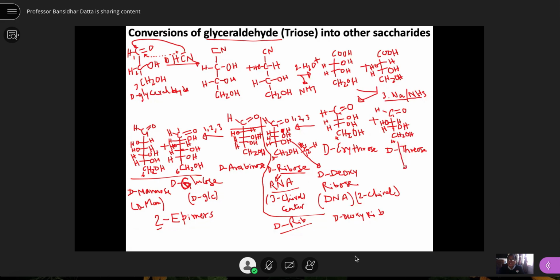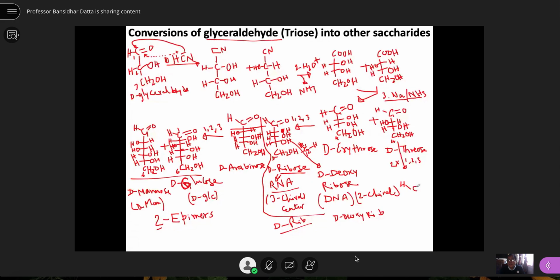Now, one more, the last one is the D-thiose. For D-thiose, we're writing the reaction 1, 2, and 3. It is a 4 carbon molecule, 1, 2, 3, 4. We'll do this reaction 2 times, and we'll end up with a molecule like this. I'm going to give the structure only. I'm not going to show you all those isomers.